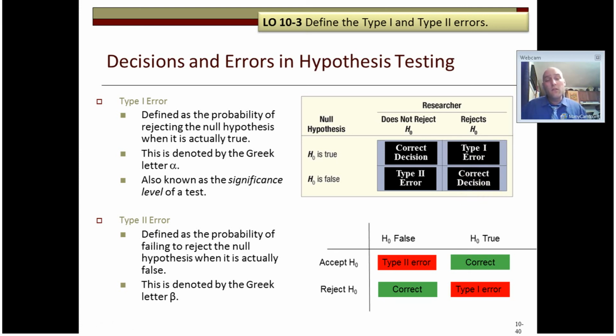Here's a really neat little tidbit that comes out of this. As it turns out, both of these are directly related to sample size. So ignorance means that you didn't collect a large enough sample. Statistically speaking, if you collect a large enough sample, you will always be rejecting the null. When I say large enough sample, I mean you can have a tiny, tiny difference that we wouldn't even perceive as being real.